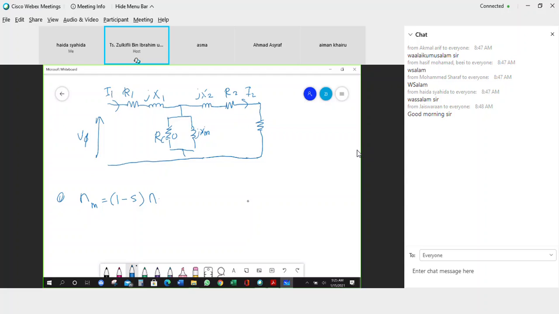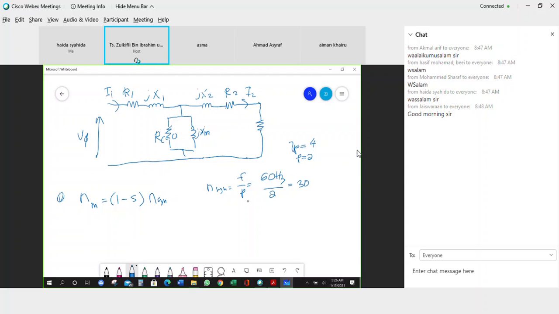Your N sync is equal to f divided by P. Your machine is at 60 Hz and the pole pair is 2, because you have a 4 pole machine. So divided by 2, you will get 30 revolutions per second.